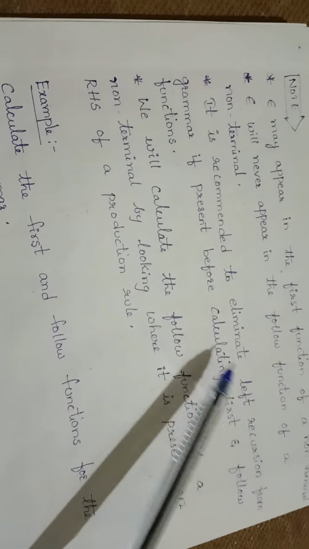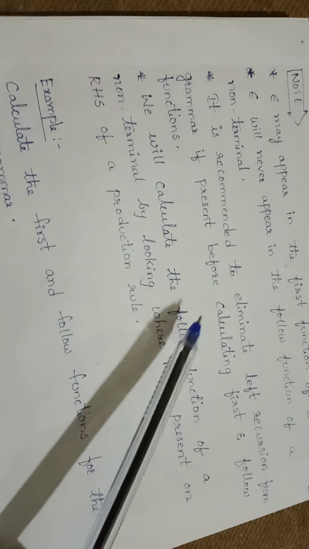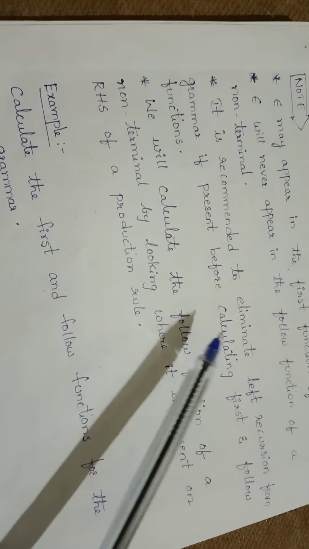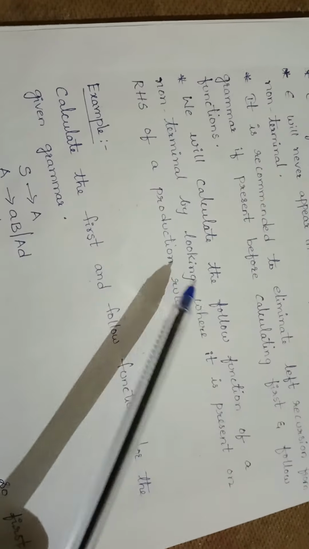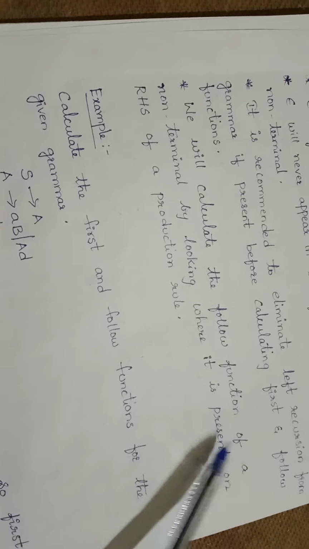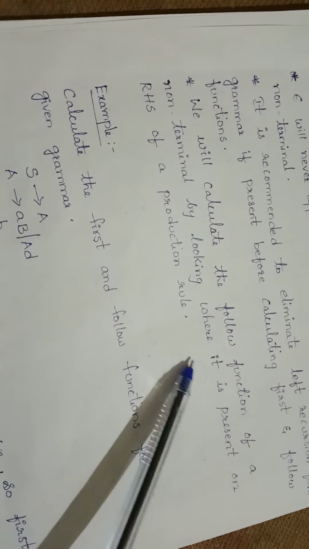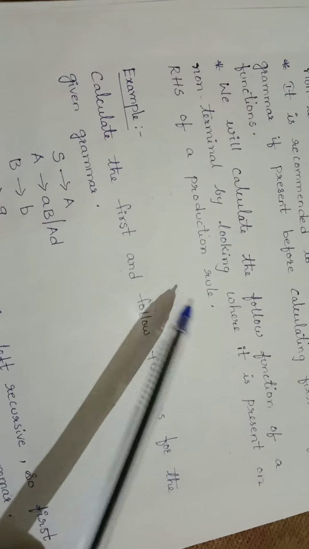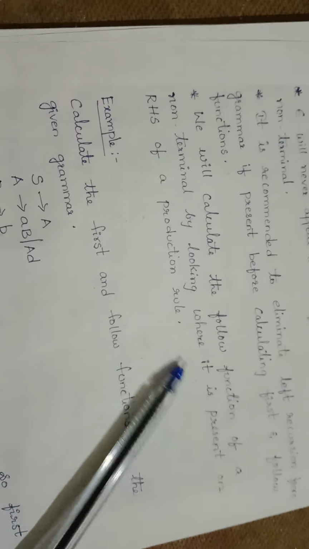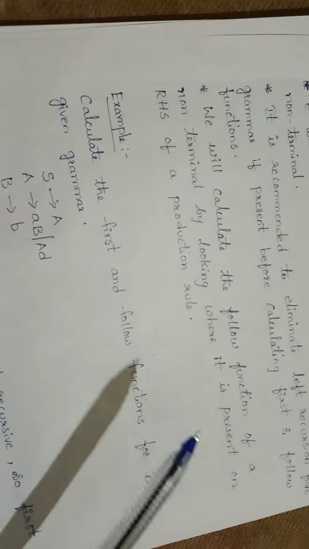It is recommended to eliminate left recursion from the grammar, if present, before calculating the First and Follow functions. We will calculate the Follow function of a non-terminal by looking whether it is present on the RHS, that is the right hand side of the production rule.